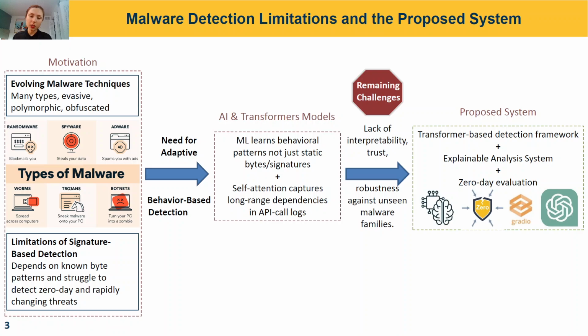Machine learning helps address these weaknesses by learning behavioral patterns rather than relying on signature-based detection. In particular, transformer models are very effective because self-attention can capture long-range dependencies in behavior logs, especially API call sequences.